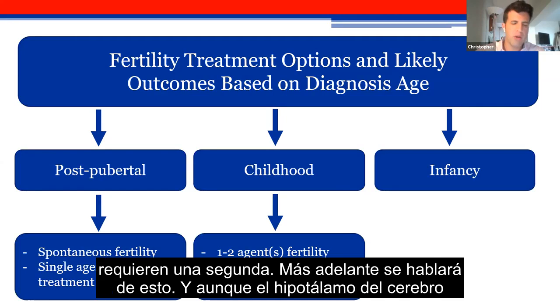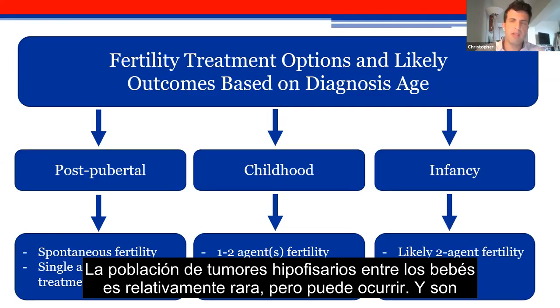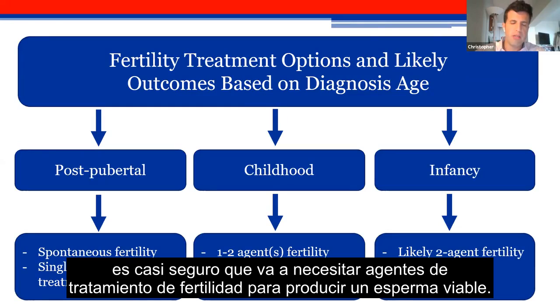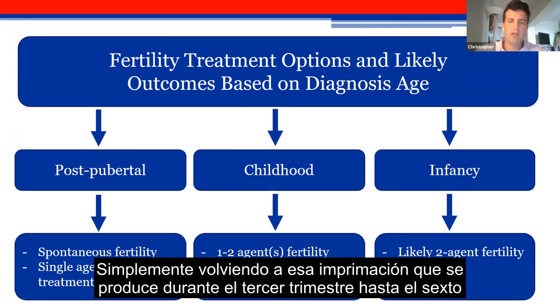More to come on this in a moment. And although the brain hypothalamus pituitary tumor population among infants is relatively rare, it can happen, and they're almost certainly going to need 2 fertility treatment agents to produce a viable sperm, simply going back to that priming that occurs during the 3rd trimester through the 6th month of life.